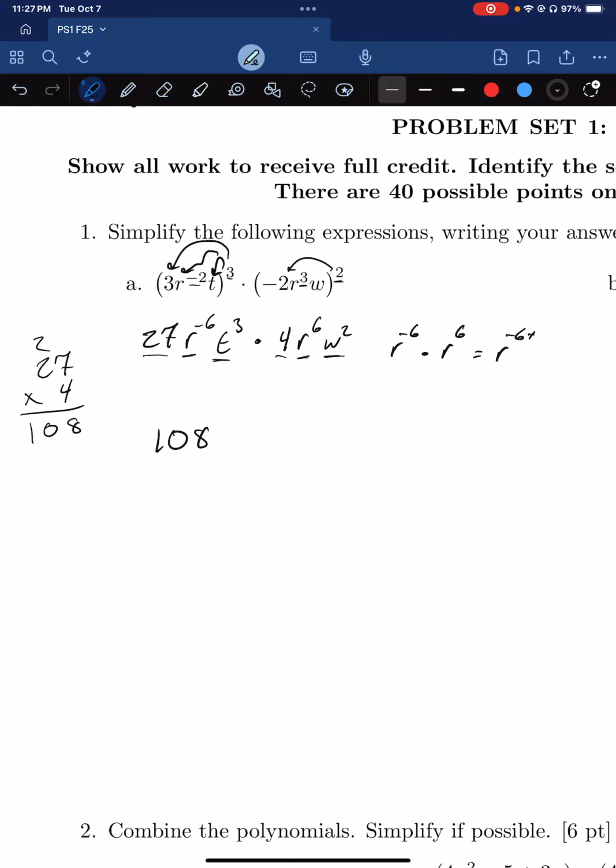So negative 6 plus 6, which equals r to the 0. And one of our exponent rules was that anything to the 0 is just 1. So this goes to 1 times 1. And then our t cubed and w squared are just going to get tacked on the end here. Notice multiplying by 1 doesn't really do anything, so this would be our final answer for that one.